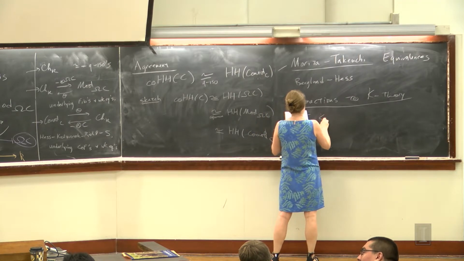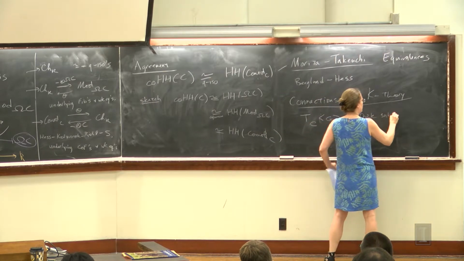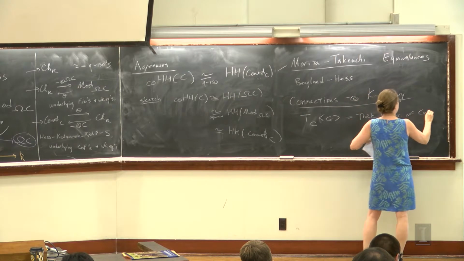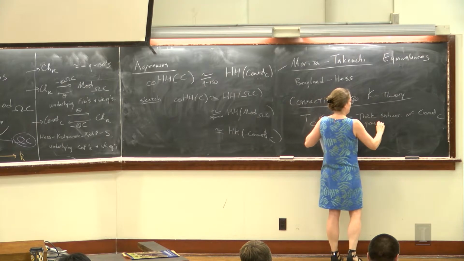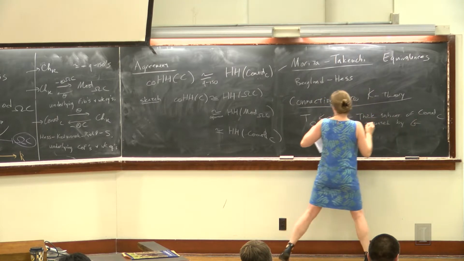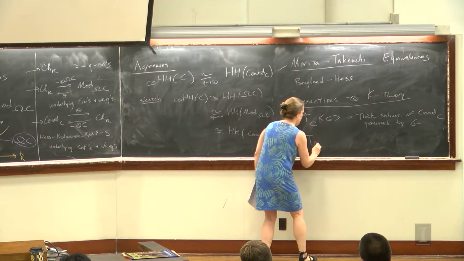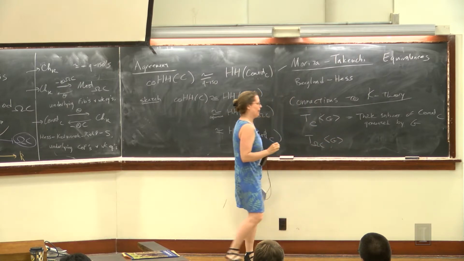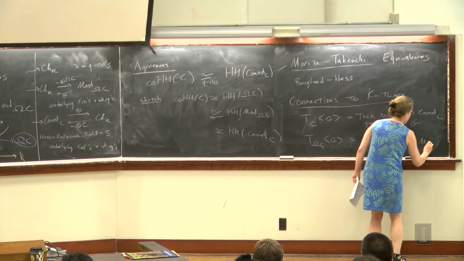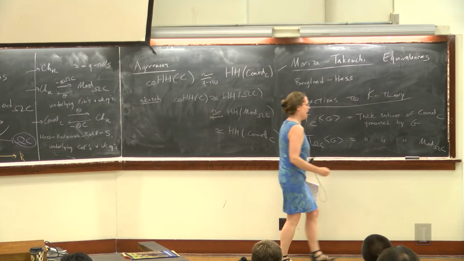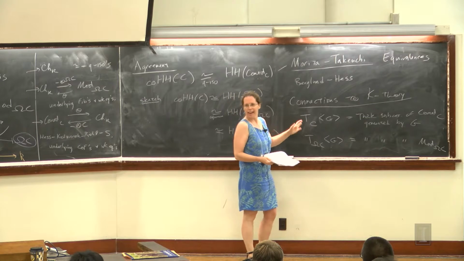So for example, I might say that I was looking at the thick subcategory of comodules over C generated by some object G. And then another setting where I'll be talking about thick subcategories is if I look at the thick subcategory of modules over the coalgebra construction generated by an object G. So these are going to be subcategories of the homotopy category, which is a triangulated category.